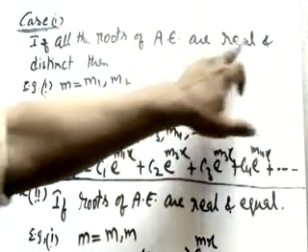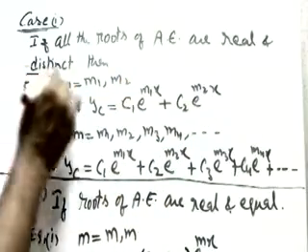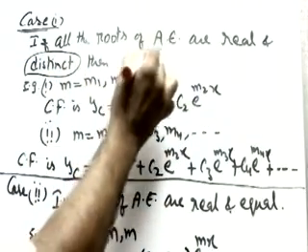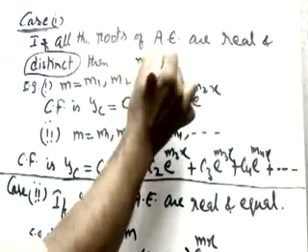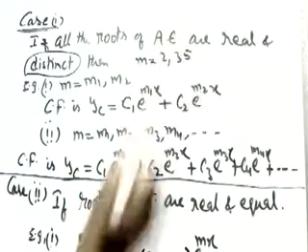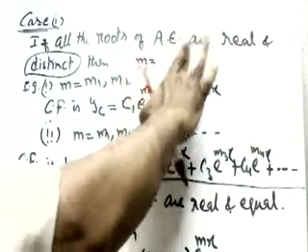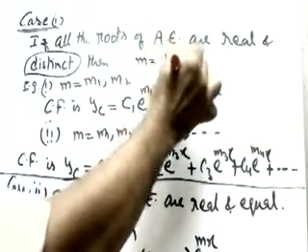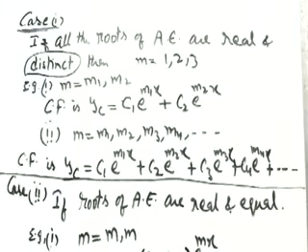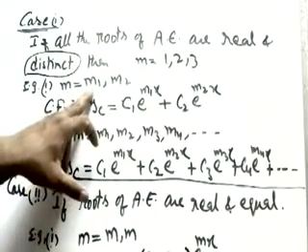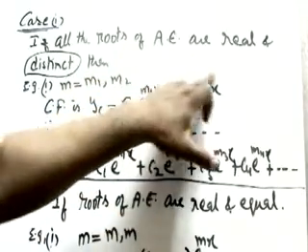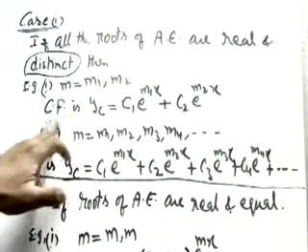If all the roots of the auxiliary equation are real and distinct, meaning different, suppose we get the values of m as 2, 3, 5, like this. Different values, not equal values, not repeated values, but distinct values. Then we have to use this formula. Suppose we get m = m1, m2, two different values.